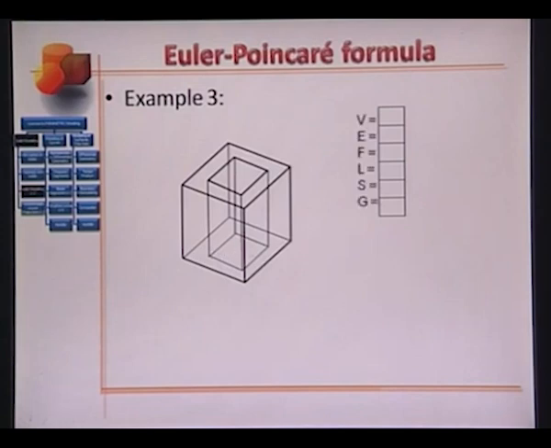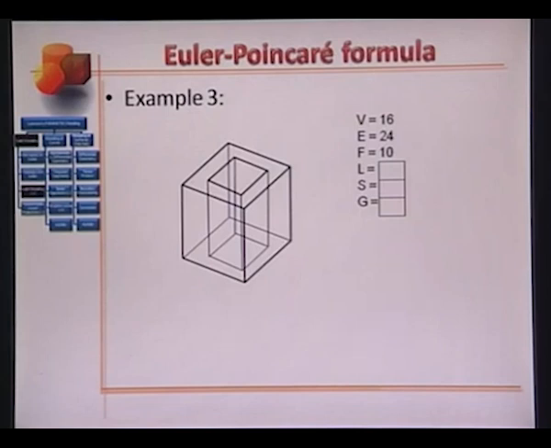The number of vertices is 16, the number of edges is 24, the number of faces will be 10. Why? Because there will be 6 faces on the outer cube and 4 faces corresponding to the polyhedron inside it.